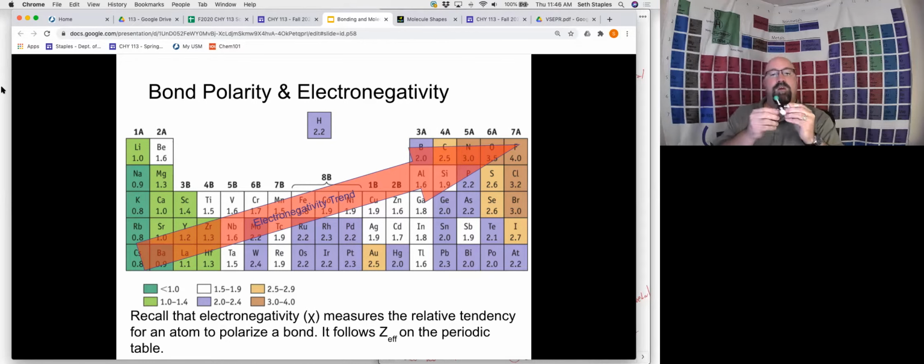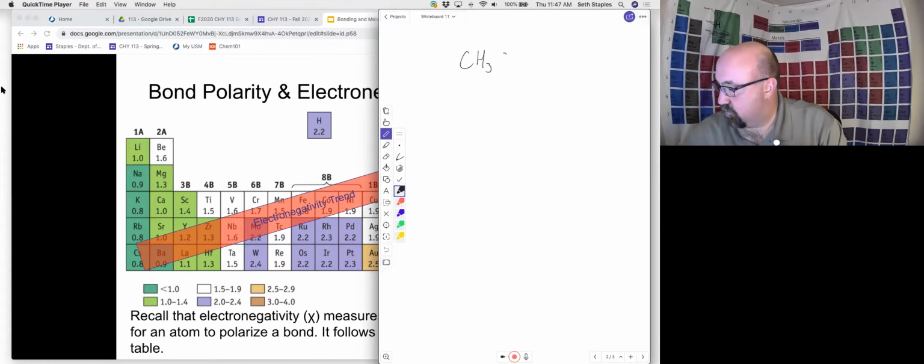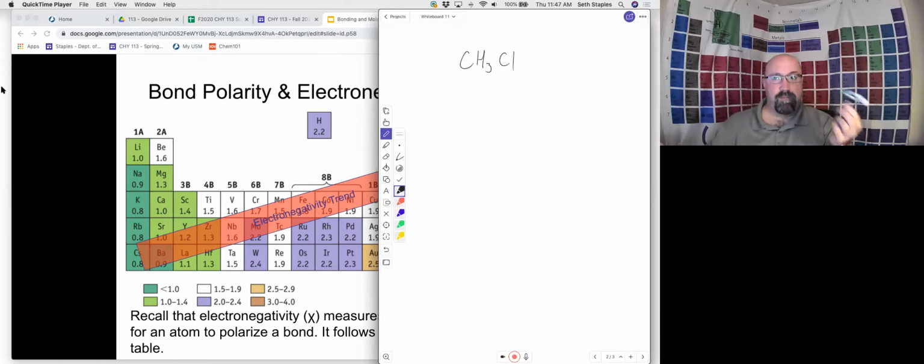Okay. So let's say instead of all the same type of atom, we have one different atom. We can even look at the Lewis structure. This might be, for instance, CH3Cl.